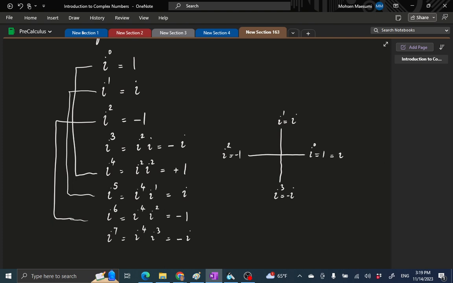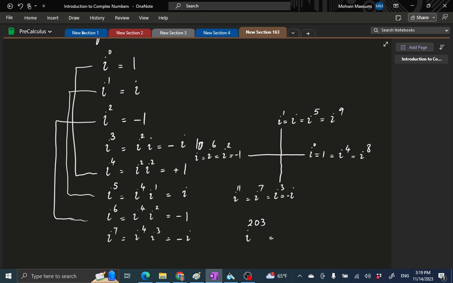This is the same as i to the power of 4, the same as i to the power of 5, the same as i to the power of 6, 7, 8, 9, 10, 11, and so on. Now, if I came across a big exponent like i to the power of 203, what would that be? Would I just go around, count all the way to 203?